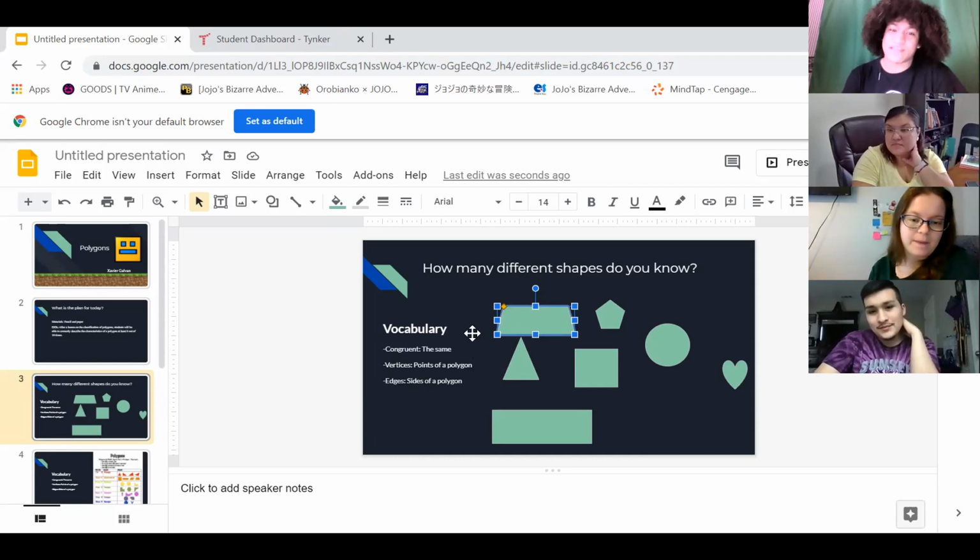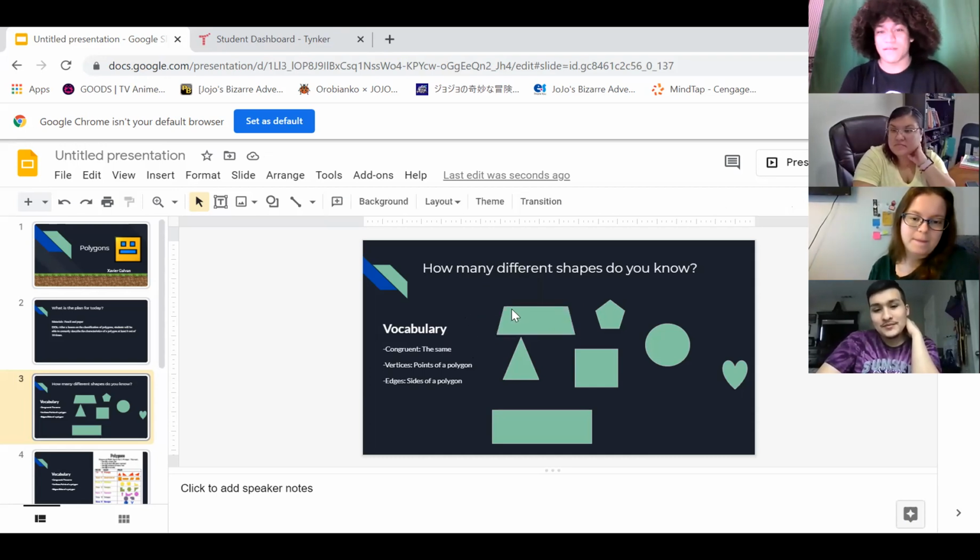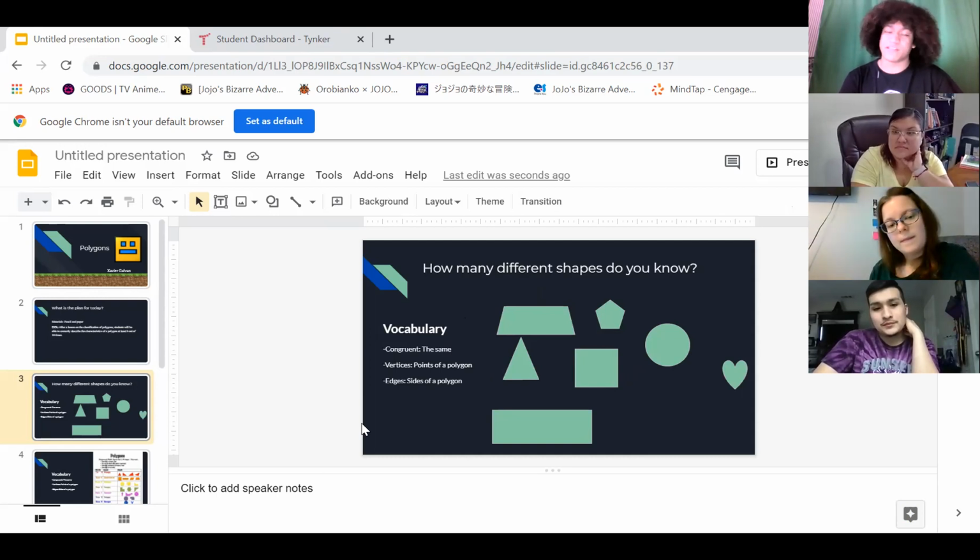And these edges and vertices are important because they help us classify what kind of, does anybody know what we're going to call these today? Polygons. What kind of polygons they are. So who can tell me what a polygon is? It's a 2D shape.